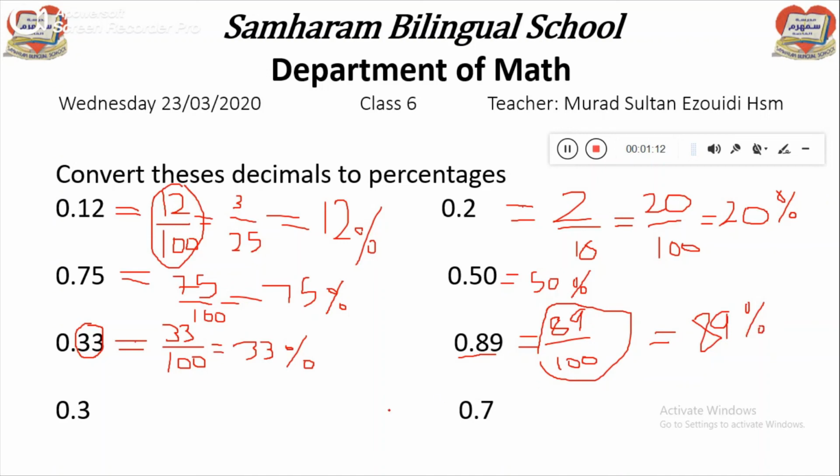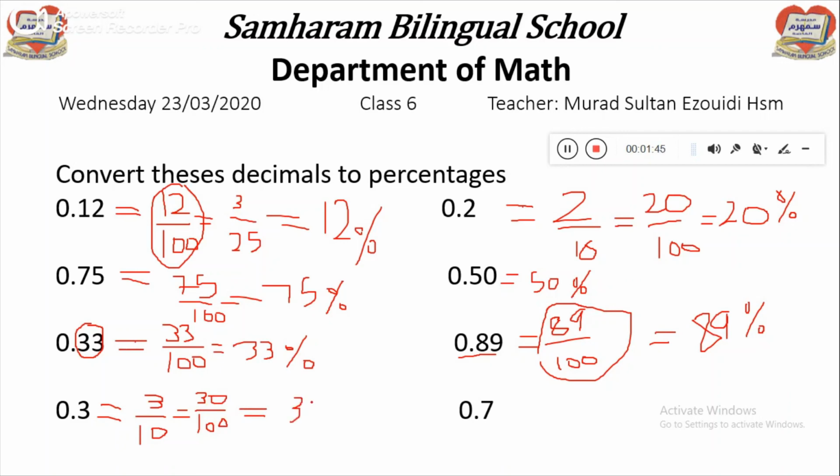The next example, 0.3. I will write it as 3 divided by 10. Then I can change it to percentage, but I will multiply this by 10. 3 times 10 is 30, then 10 times 10 is 100. So 30 divided by 100, my kids, is 30%.